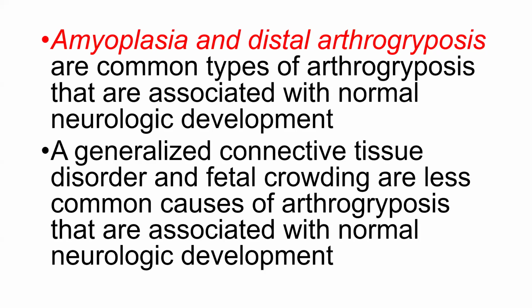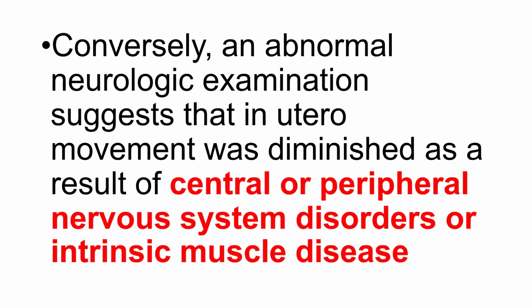Conversely, an abnormal neurologic examination suggests that in utero, movement was diminished as a result of central or peripheral nervous system disorders or intrinsic muscle disease. So you have to notice this. There are two types.